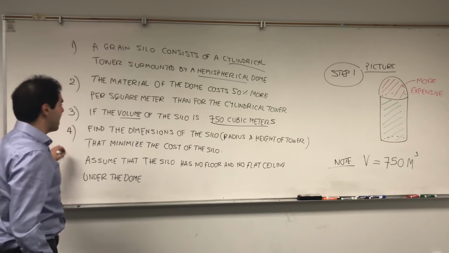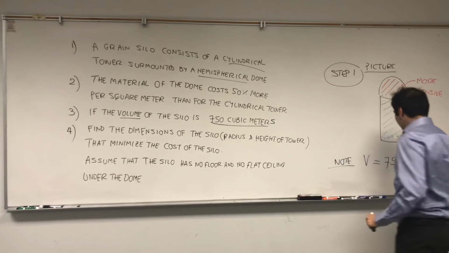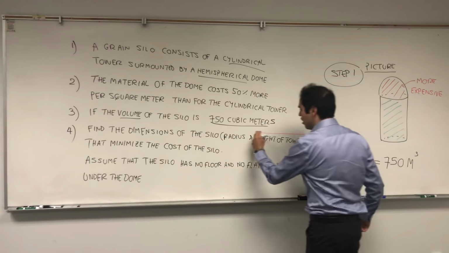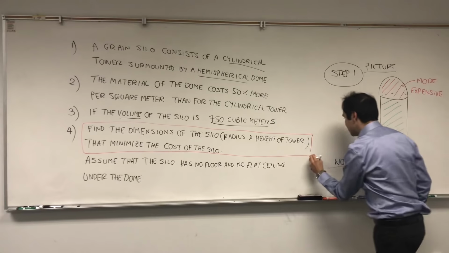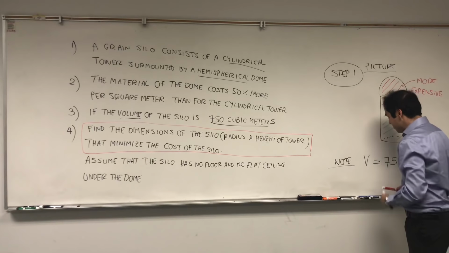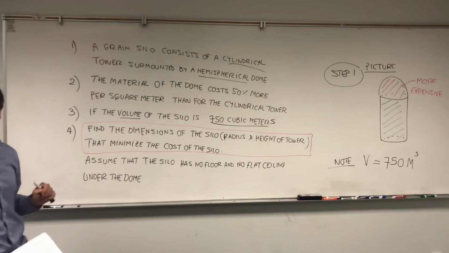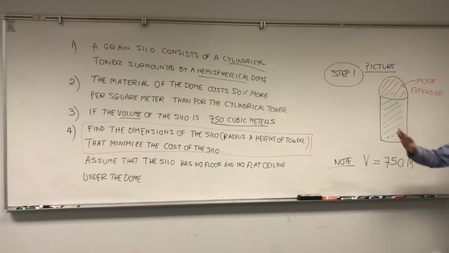But now the next step tells us what to do. Namely, the heart of the problem is the following. Find the dimensions of the silo that minimize the cost of building it. So this is very important. This gives us the instructions of what to do. And we'll use that in a second.